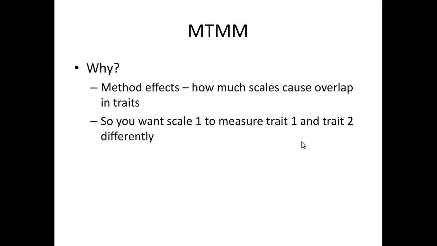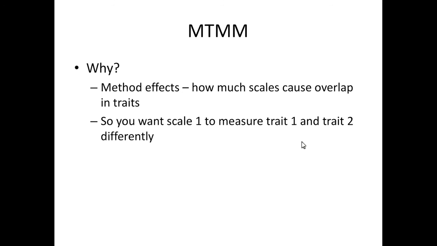Alright. Another thing we can look at is what's called method effects. So how much those scales overlap in their traits. So I want my individual scale to measure those traits differently. That effect essentially says that the traits are different things because they're different things and not because of the scale that we're using.